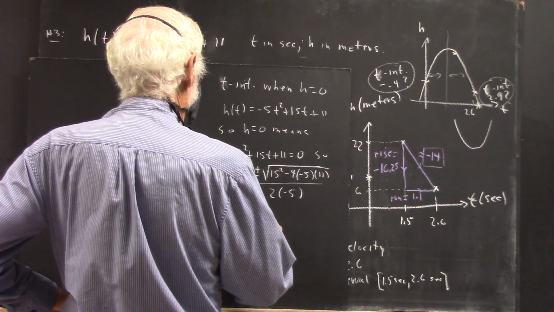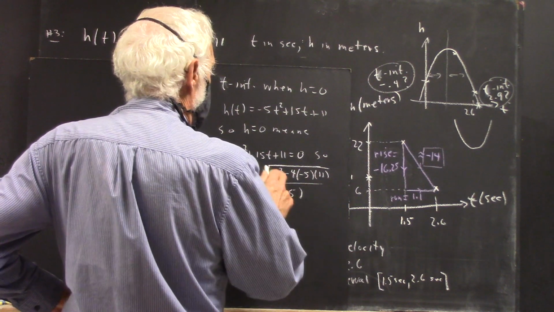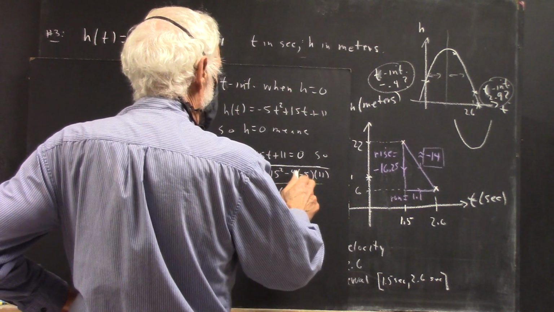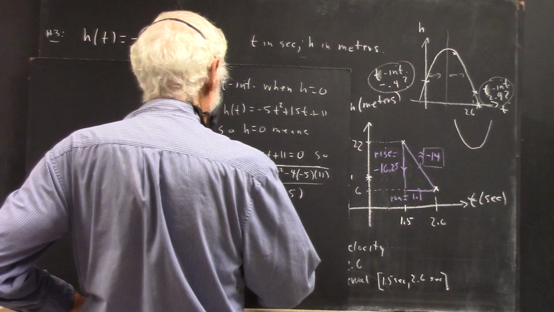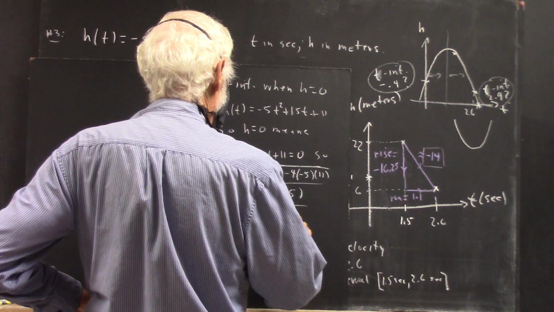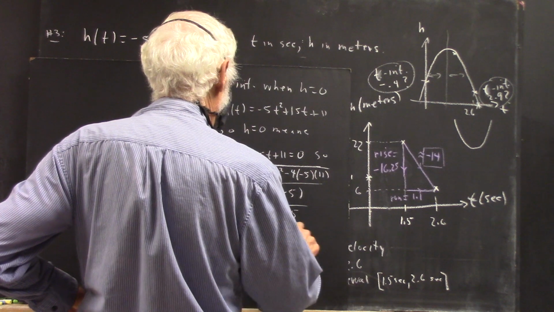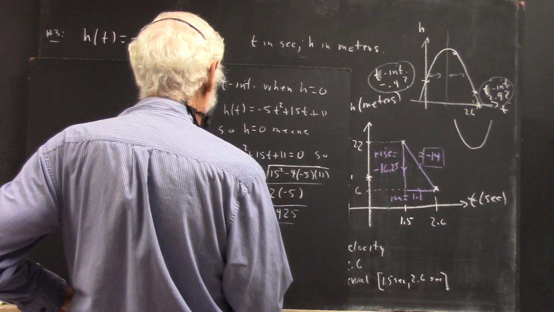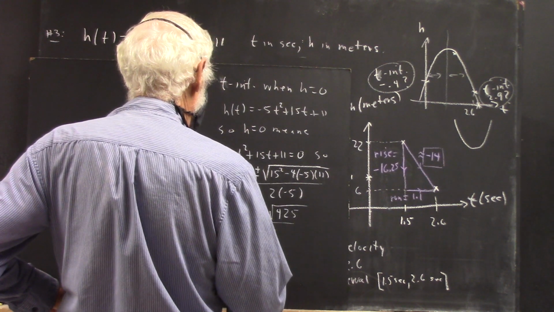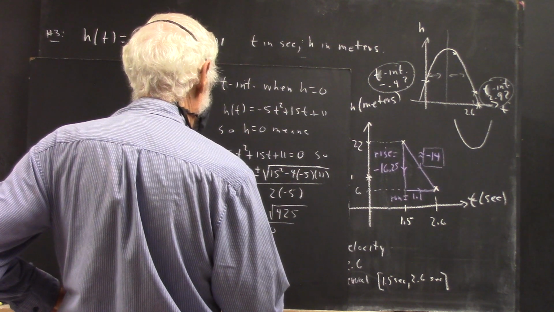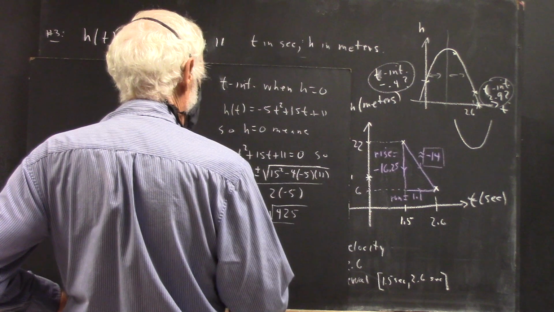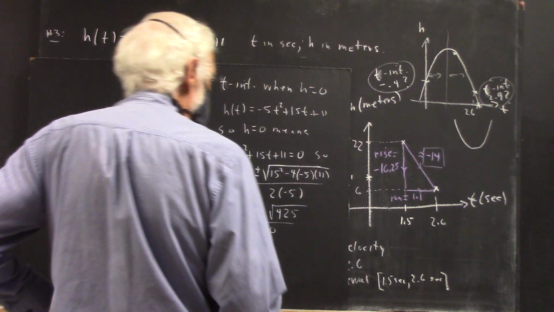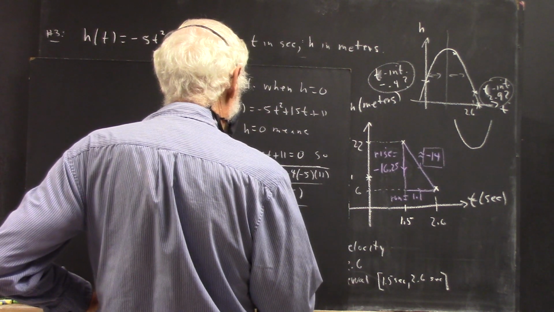Well, this is negative 15 plus or minus. That's 225. This is 20 times 11. That's 220. So you get the square root of 425 over negative 10. That's negative 15 over negative 10, plus or minus approximately. The square root of 425 is about 20.5.